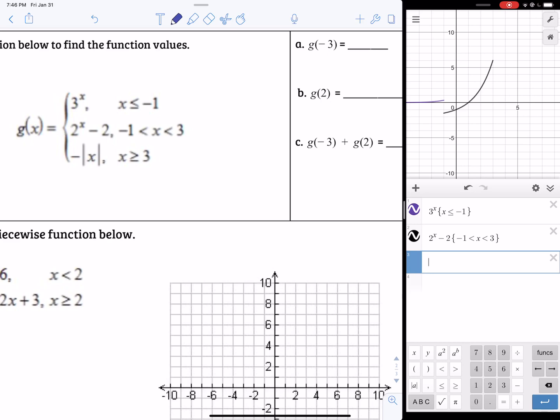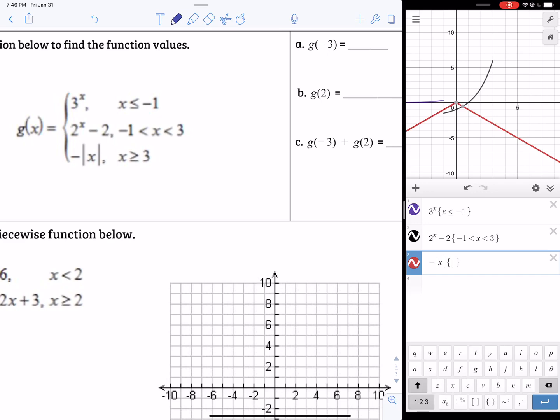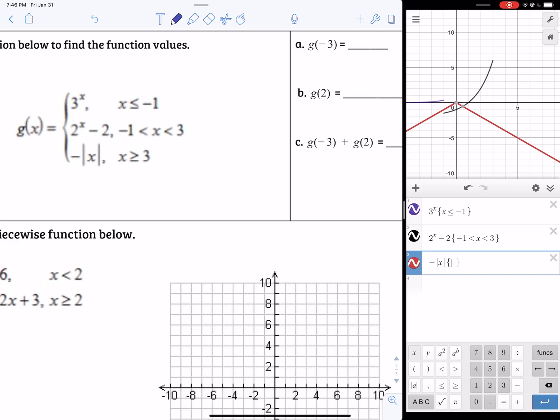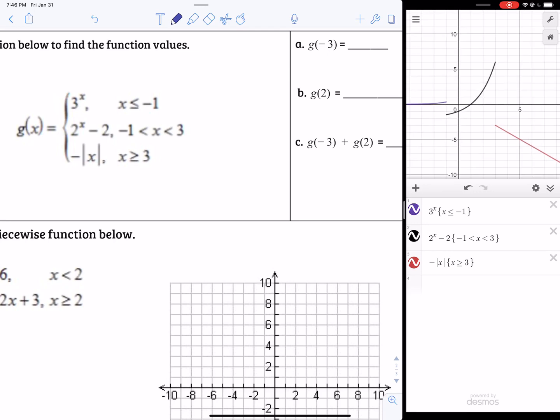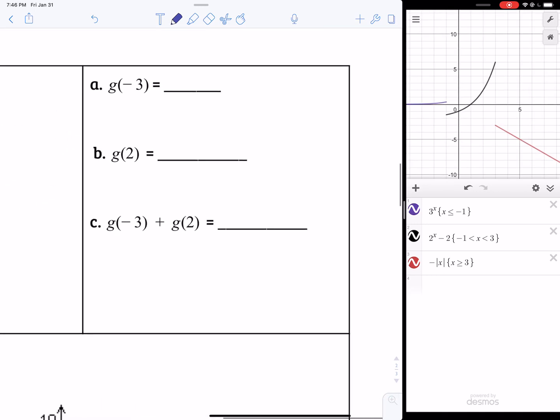It's really x is between -1 and 3, but they look like less than signs. We put the absolute value of x, and then we need to put our curly brace and put x is greater than or equal to 3.